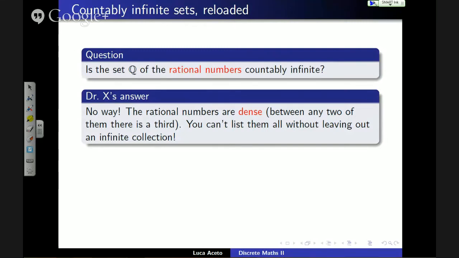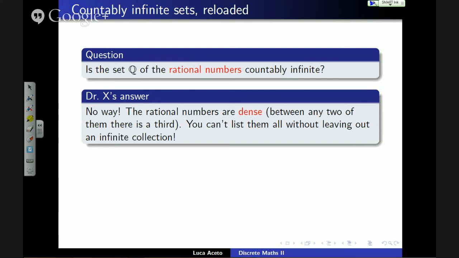And you know, I always ask Dr. X, and he told me, okay, Luca, you convince me that the even numbers are countably infinite. That's okay. I can take that, sort of. You convince me that the integers, both positive and negative, are a countably infinite set. There was a punch in the stomach, but sort of I'm still standing.